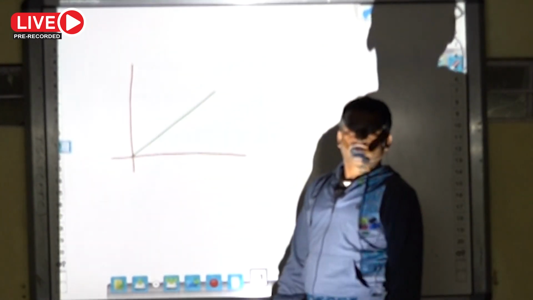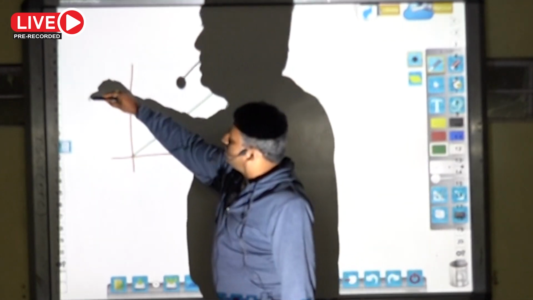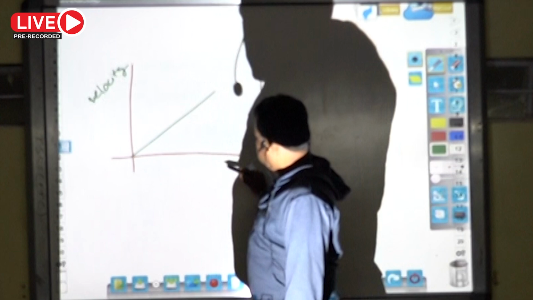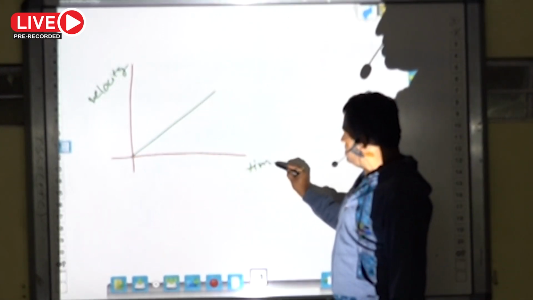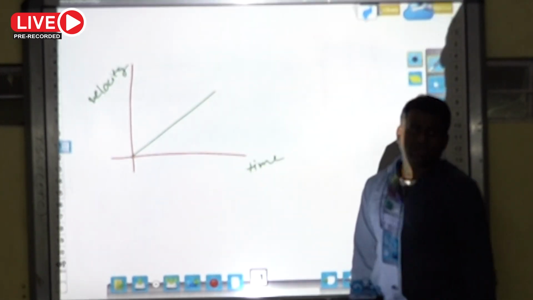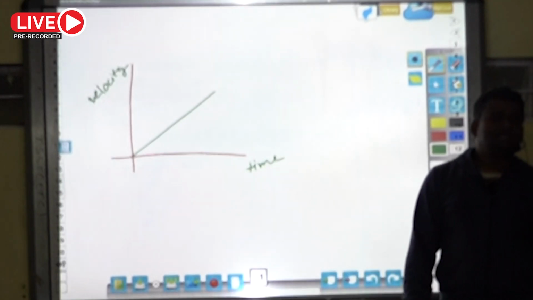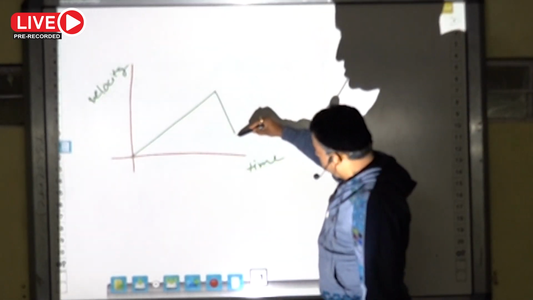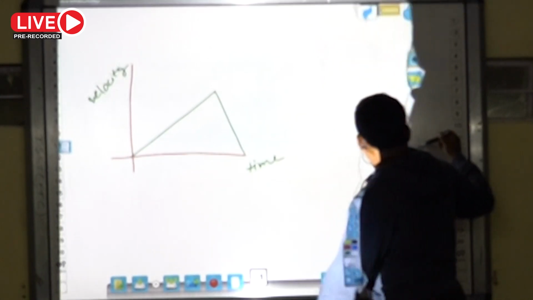Suppose it is moving with constant acceleration; we are drawing the velocity-time graph. Then after reaching a certain velocity, the particle now moves with retardation until it comes to rest. So it goes down.